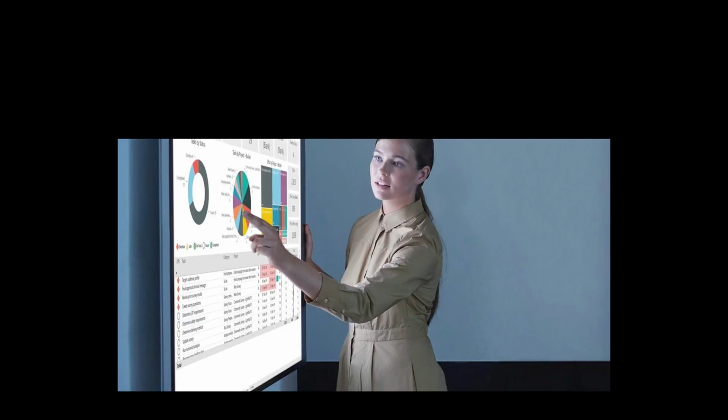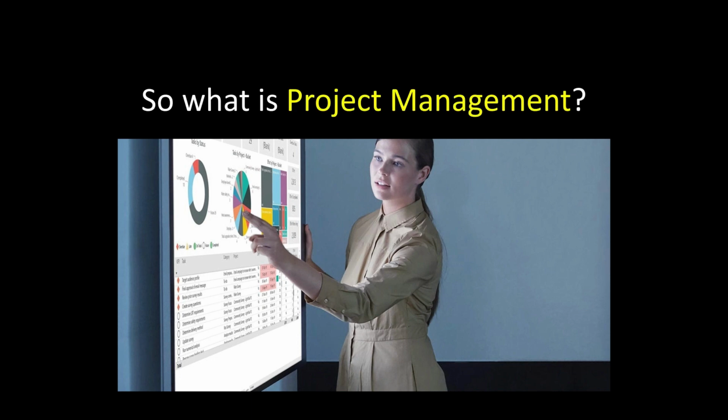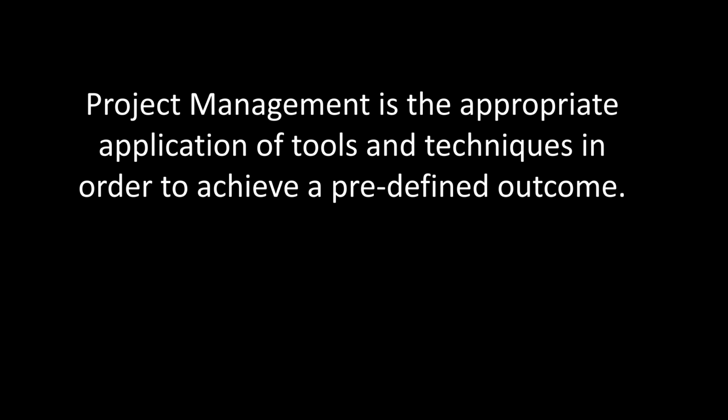So having covered that, now we understand what a project is and what a project isn't, our question becomes, what do we mean when we talk about project management? What are we actually managing here? Project management is the appropriate application of tools and techniques in order to achieve a predefined outcome.